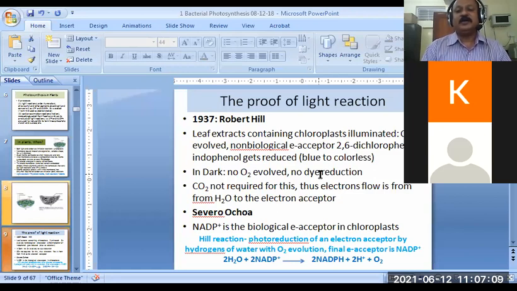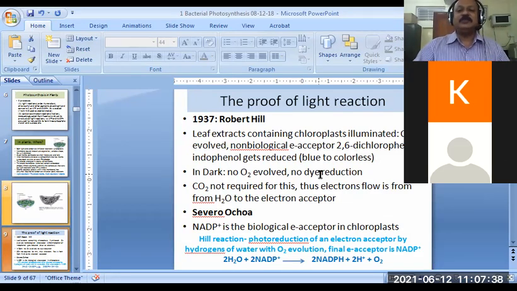Then, just to try out something, he used a non-biological electron acceptor, which is 2,6-dichlorophenol indophenol. When he used this non-biological electron acceptor, it bypasses the reaction where the biological electron acceptor captures the electrons.